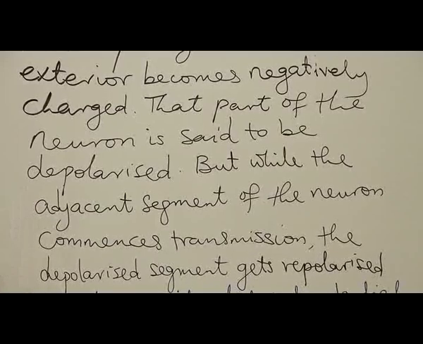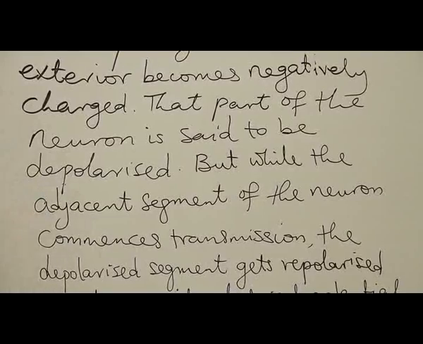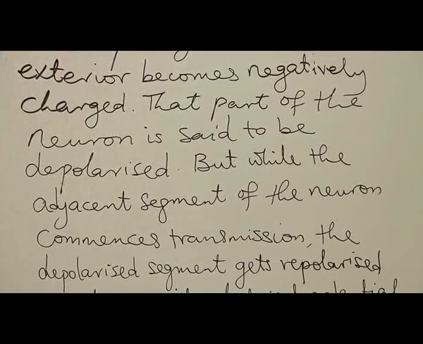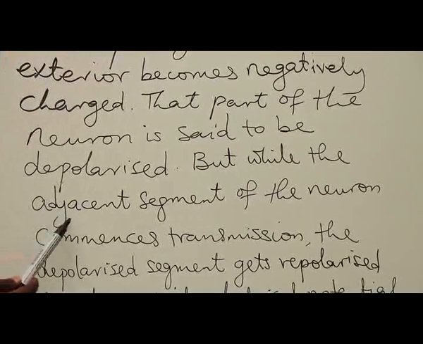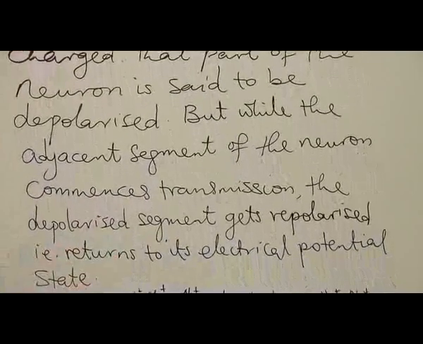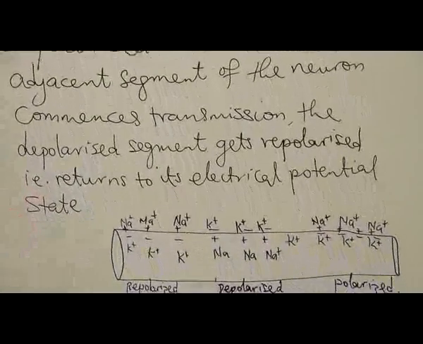When a transmitting part of a neuron has become reversed because of this electrical reversal, then as the adjacent segments of the neuron commence transmission, the depolarized segment gets repolarized.